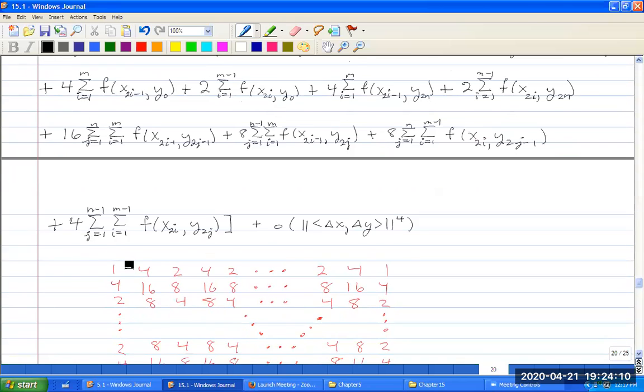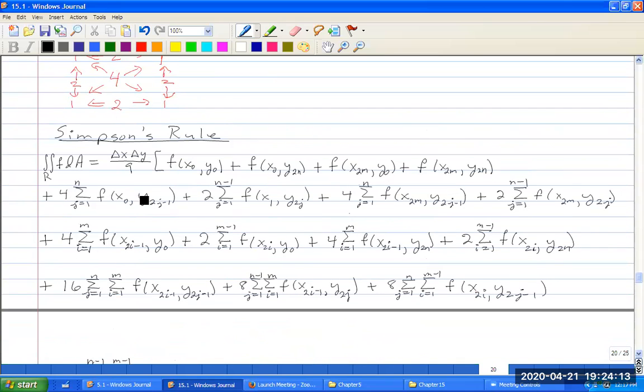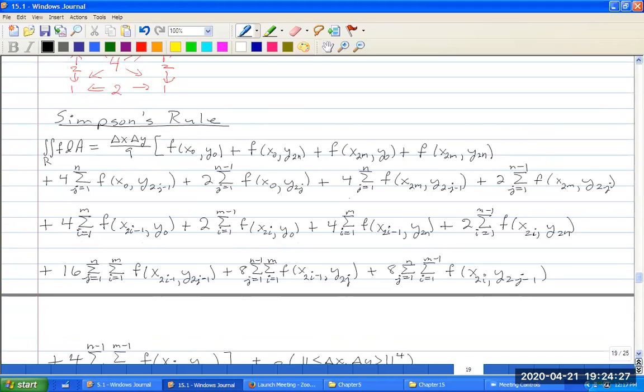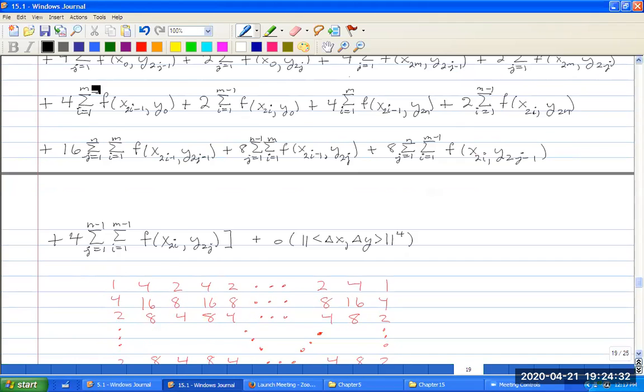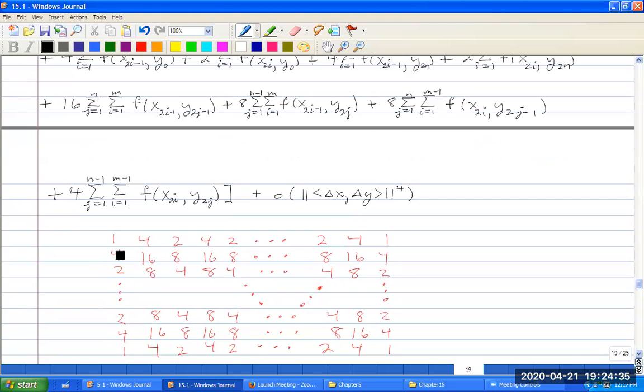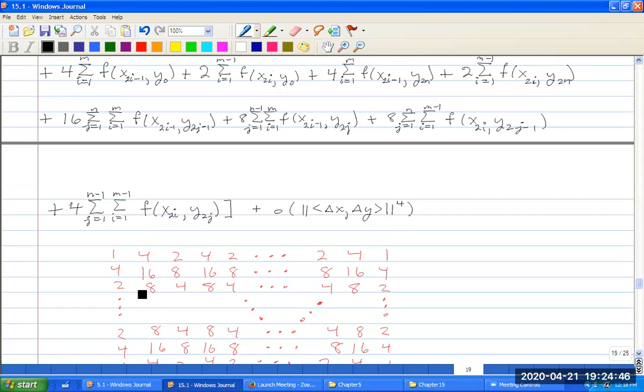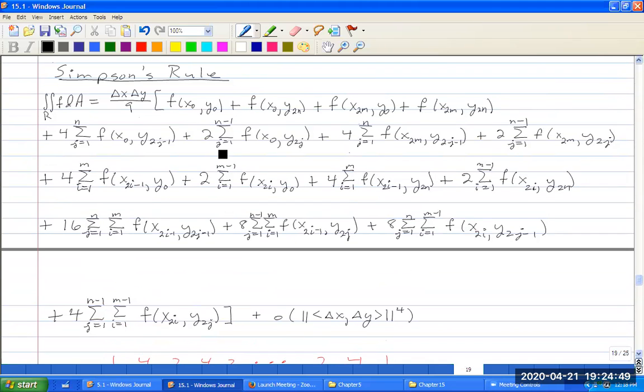Then on the sides, this term here says that this side goes just like in the one-dimensional case: 1, 4, 2, 4, 2, 4, 2, etc., 4 and then 1. So it keeps alternating between 4s and 2s.